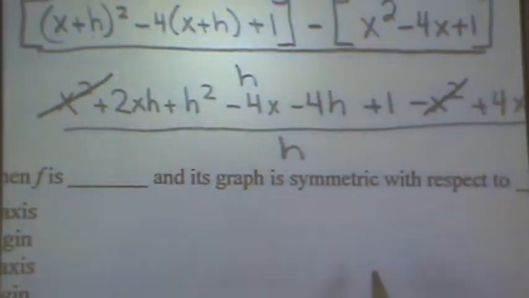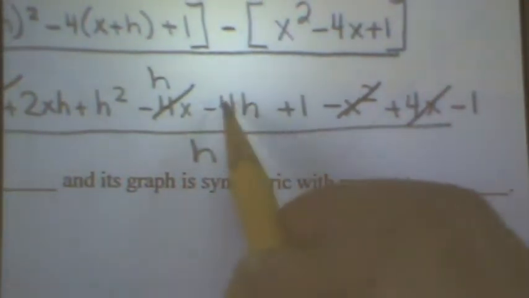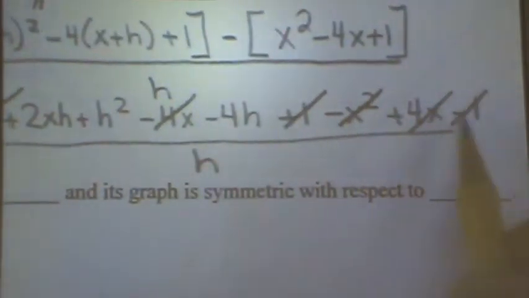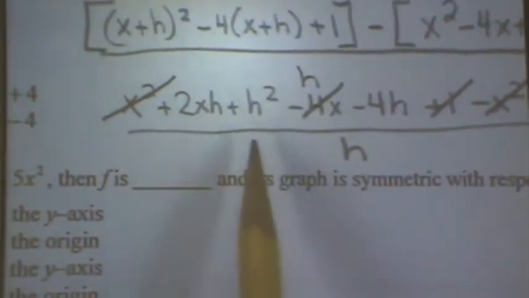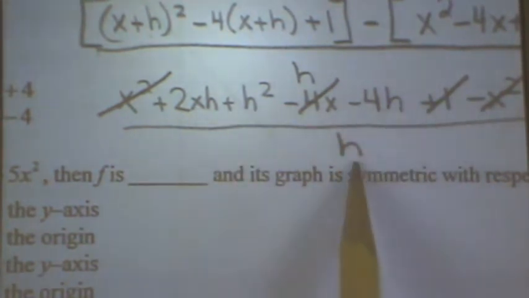So let's see what cancels. The x squareds are gone. I see 4x here, negative 4x, those are gone. I have a 1 and a negative 1 that's gone. Now here I end up with 2xh plus h squared minus 4h over h.